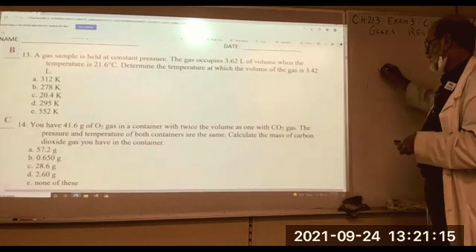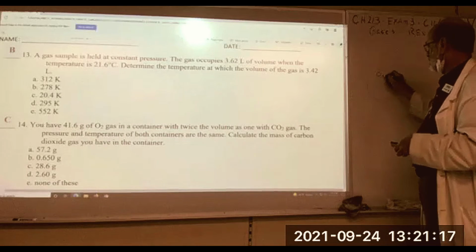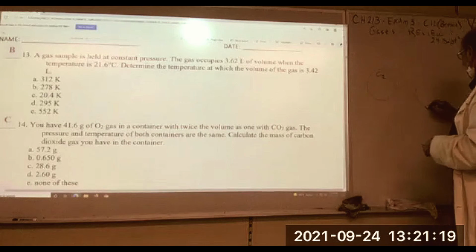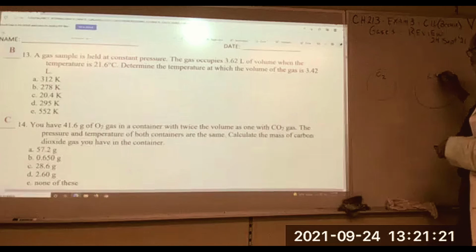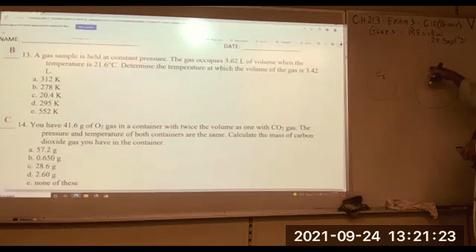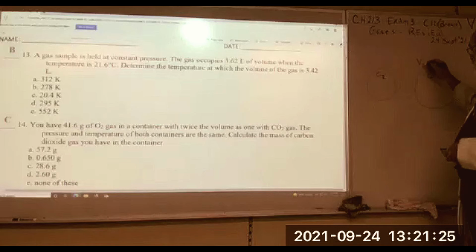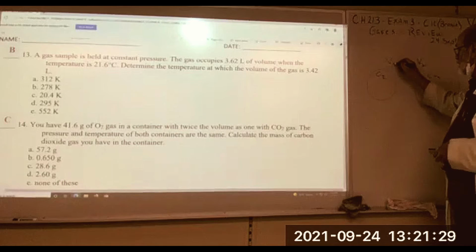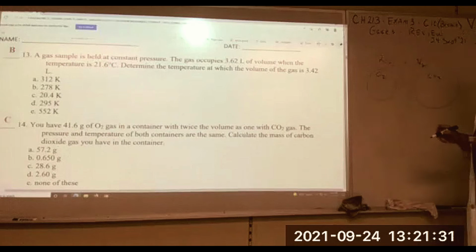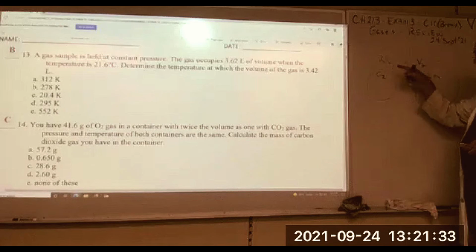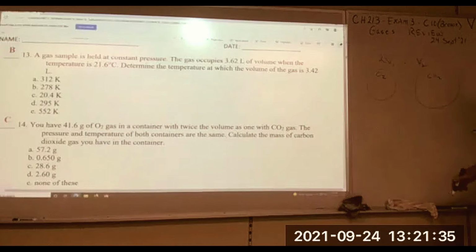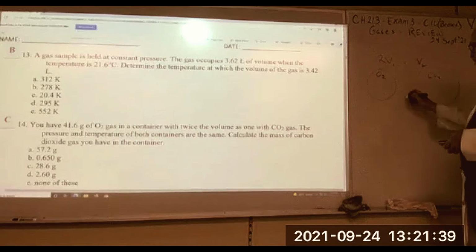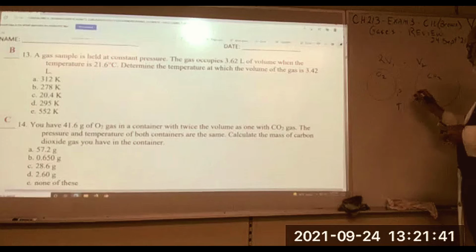So this is the one with oxygen. And this is the one with CO2. And this volume, CO2, is equal to this one times 2. This one is twice the volume of that one. Pressure and temperature are the same. Okay, pressure, temperature, constant.